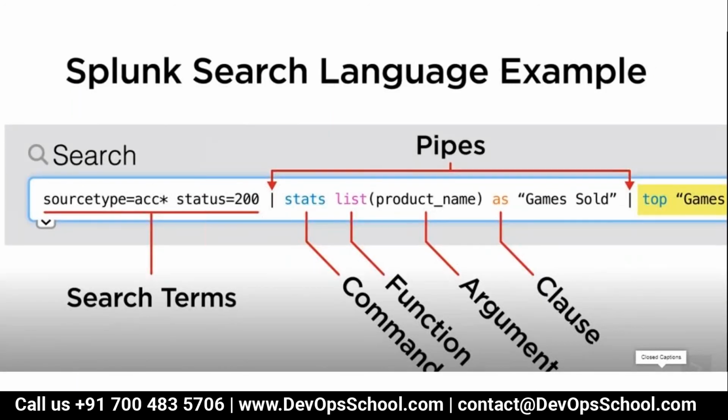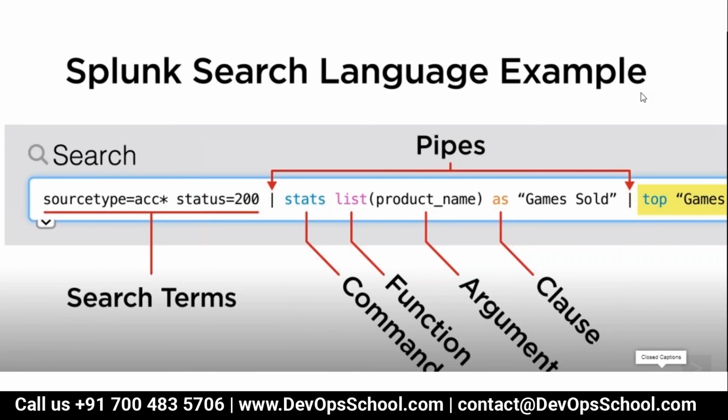Now, in short, this is powered by SPL, Splunk processing language. We call it SPL. So Splunk search language examples are here. First you have to write a search term, and after that a command, then function, argument, and clause, followed by again pipe, command, function, argument, and clause, and you keep filtering till you get the desired results.